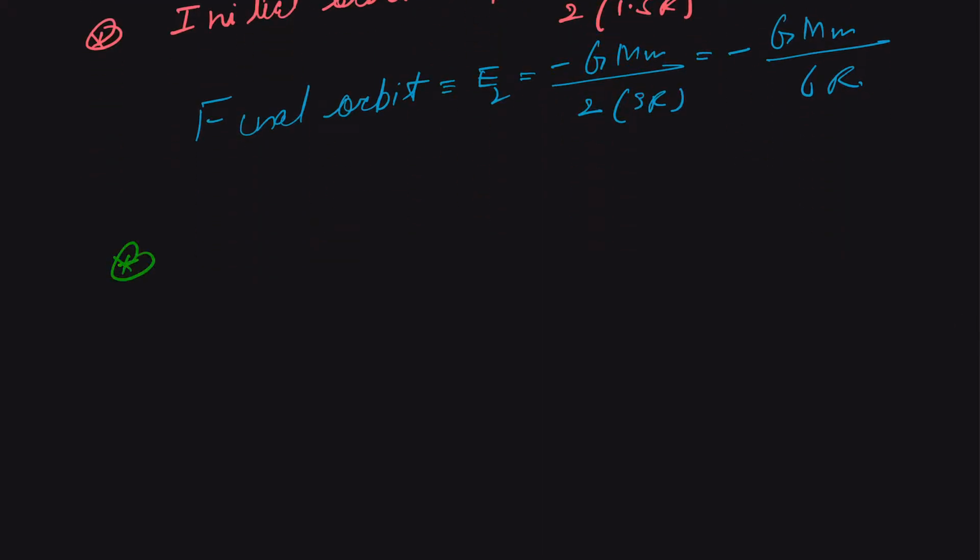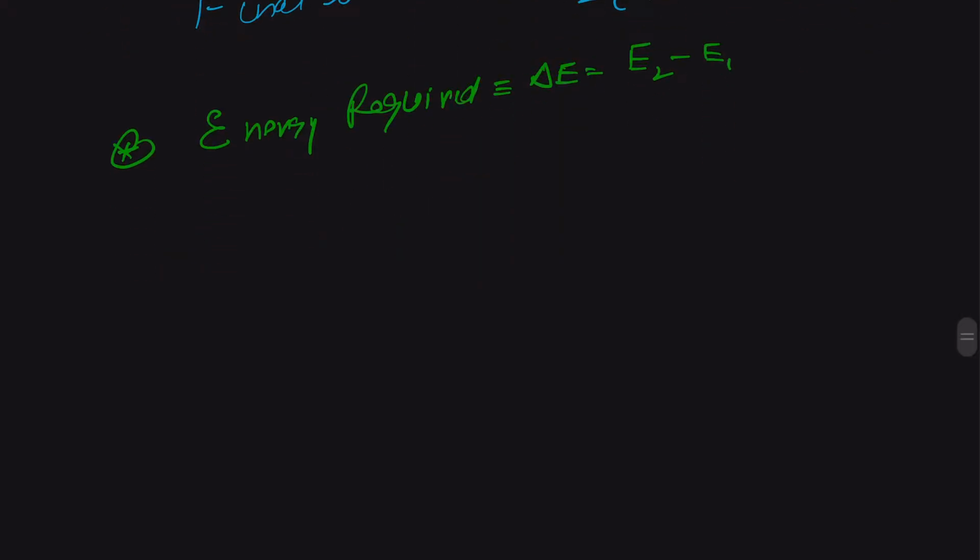Simply, the difference in energy is the energy required, that is delta E, which will be equal to E2 minus E1. We substitute the values. We have GMm upon R as common, so this will be coming as minus 1 upon 6 minus, minus 1 upon 3.